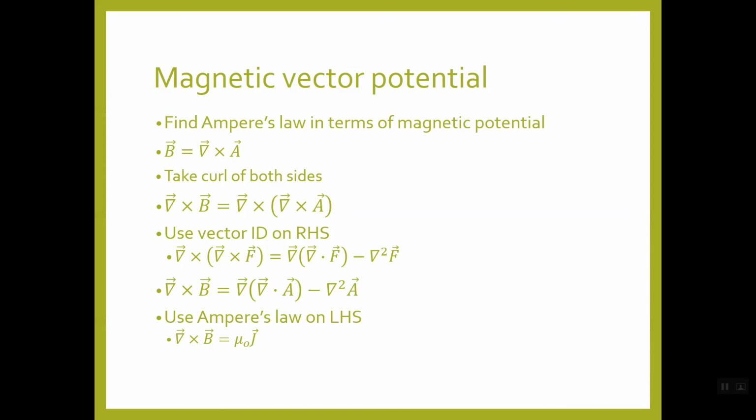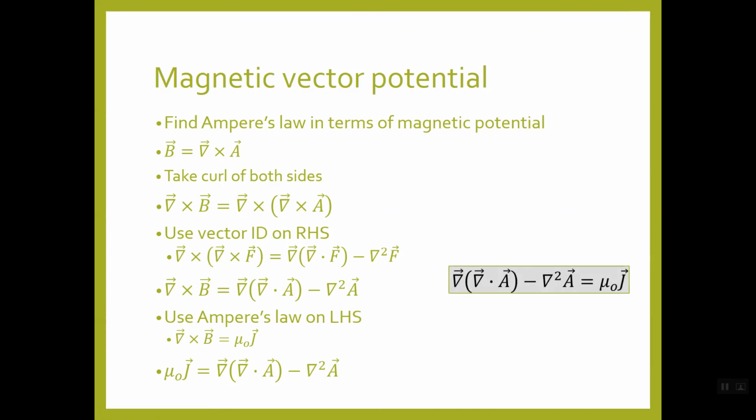The curl of our vector field B is equal to mu naught J, J being the volume current density. So I get mu naught J is equal to the gradient of the divergence of A minus the Laplacian of the magnetic vector potential. So we have this equation relating our magnetic vector potential and our current density.